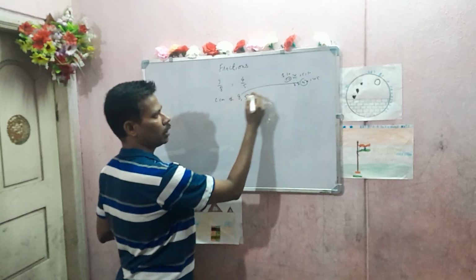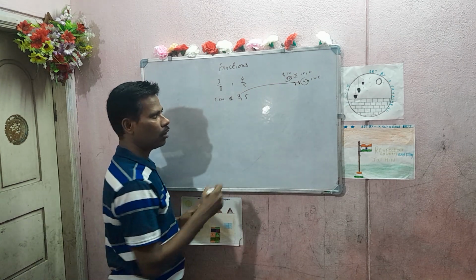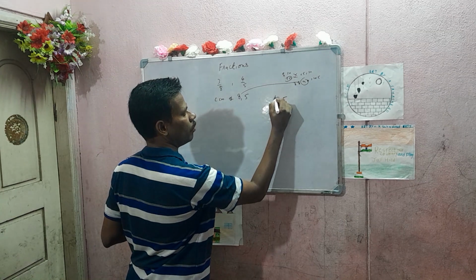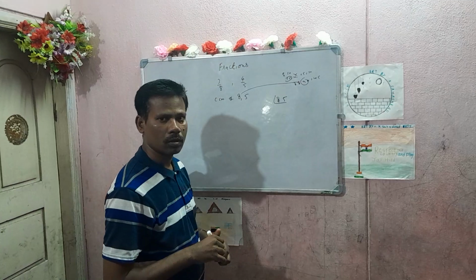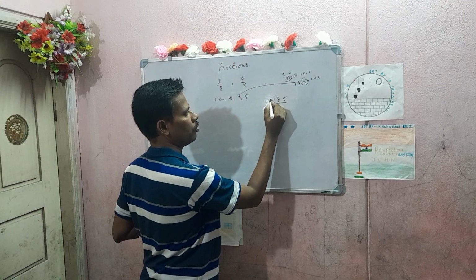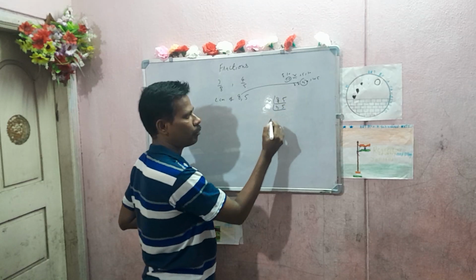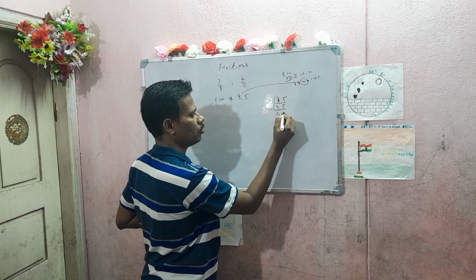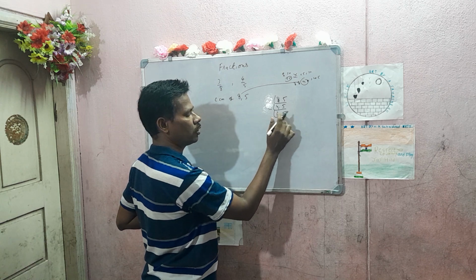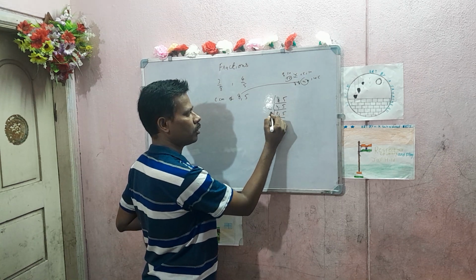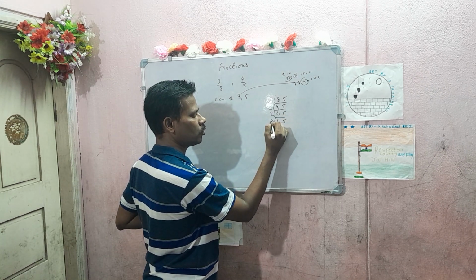So here either you can do it in this method, or with 8 comma 5 like this also you can do, the prime factorization method. 2 4s are 8, 2 2s are 4. Now you can stop, because 2 and 5 are prime numbers. Or else you can do like this also, no problem.